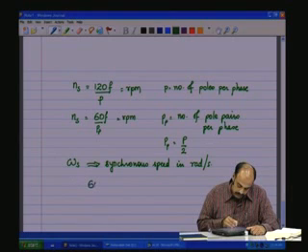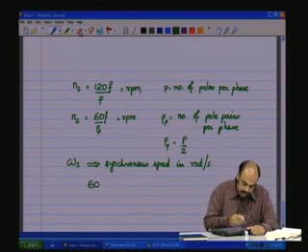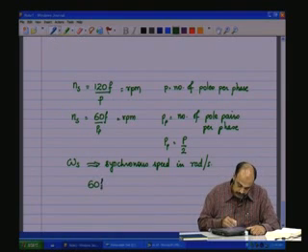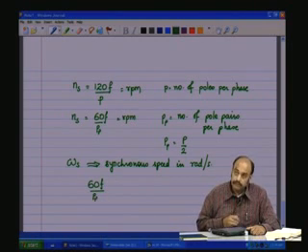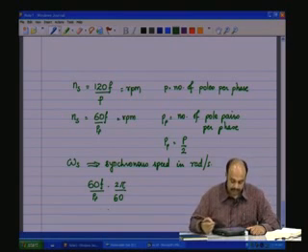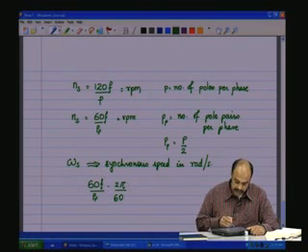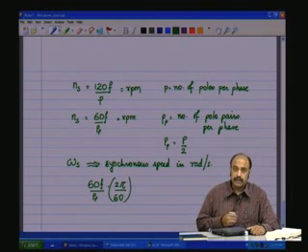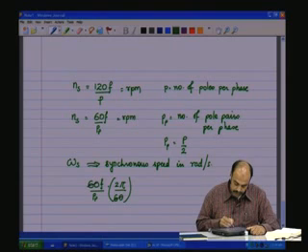We have 60 F by PP in RPM, and to convert into radians per second you multiply by a factor of 2 pi by 60, as we saw while doing the DC machines. Therefore you have 2 pi F by PP.